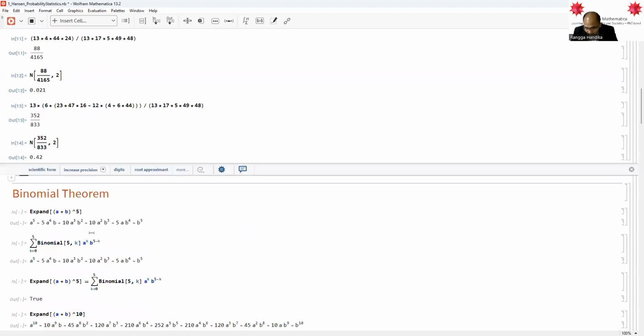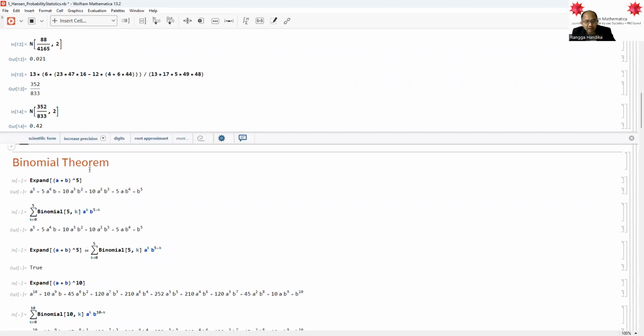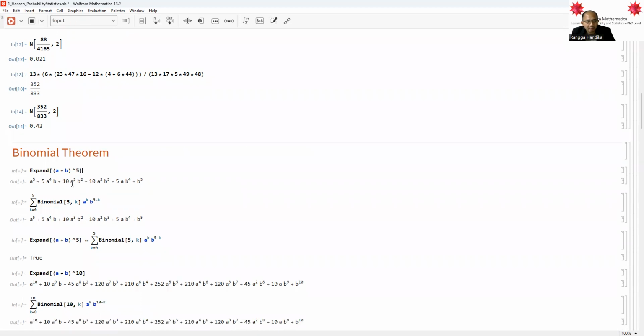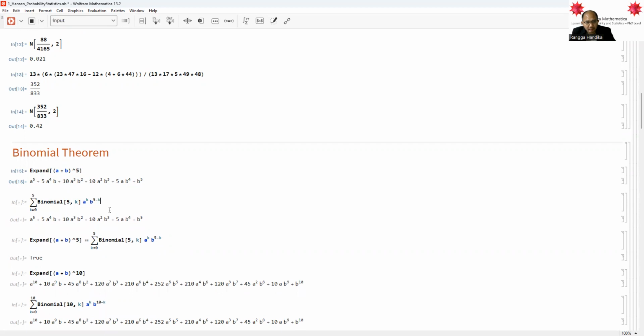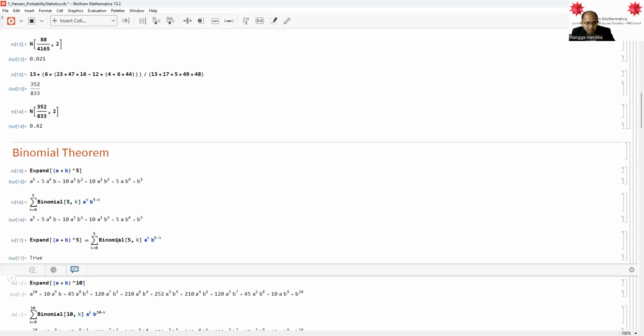Okay, and again, let's go to the more complicated issue. For example, according to the binomial theorem, we can have the expansion of (a + b) to the power of 5. This is equivalent to the sigma of the binomial (5 choose k) like this. Okay, so we try to generalize.